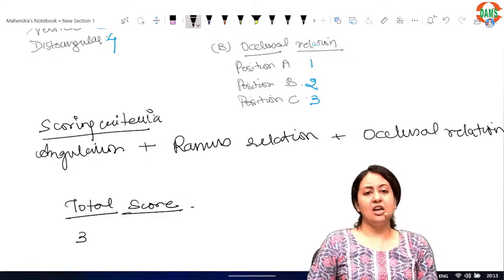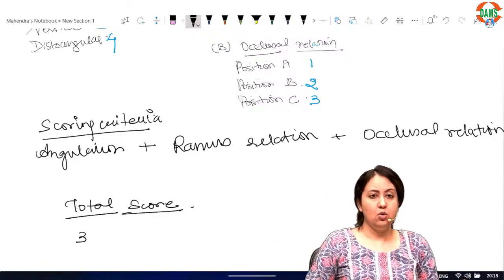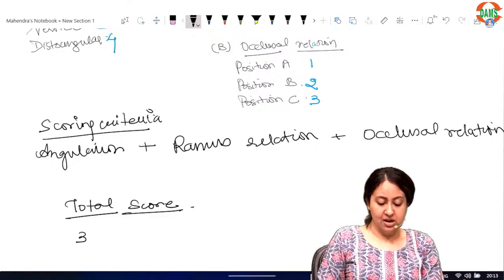Lowest score can be 3 and the highest score can be 10.